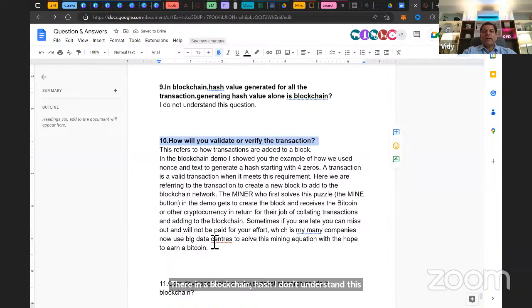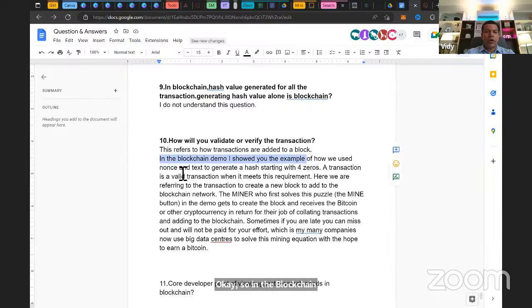How will you validate or verify a transaction? When you are referring to validation or verification of a transaction, this is where we are referring to how a block is created or verified. In the blockchain demo that I showed you, we used nonce and a text to generate a hash starting with 4 zeros, right?